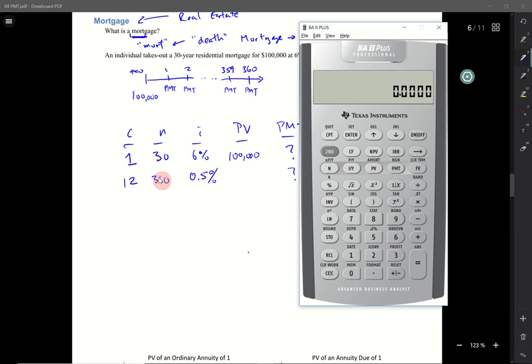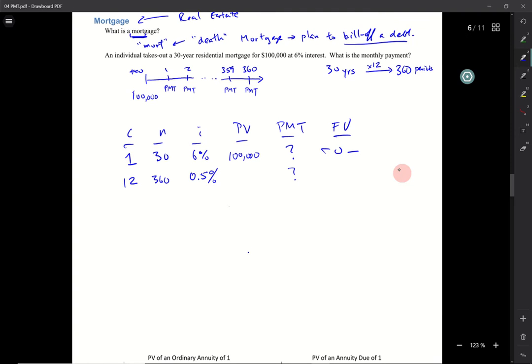We have 360 monthly compounding periods, so 360 goes into our N. Our monthly interest rate is 0.5, and the PV is 100,000. And so when we compute the annuity amount, it's $599.55. Does that make sense? Yes?